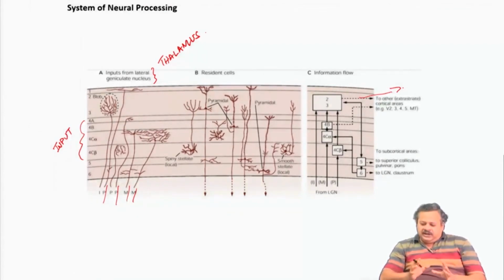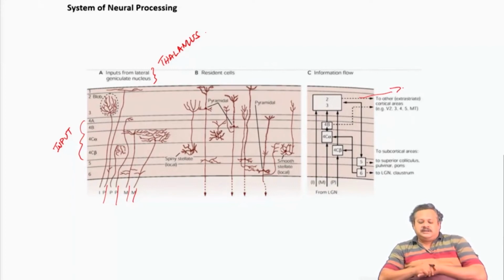So, this is simply a canonical structure. It is not entirely exact. There are many differences in the flow of information in the different systems. Even in the visual system, this is how we like to broadly think of information flow. But there are many details in there that we will not look into here.